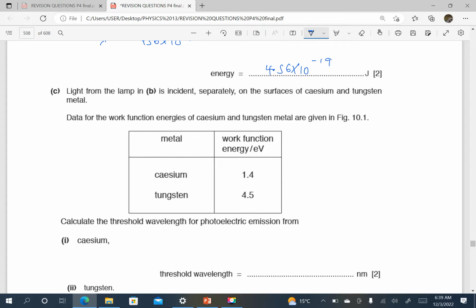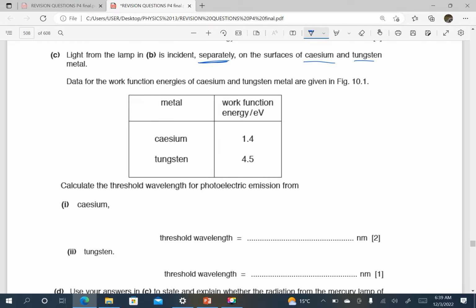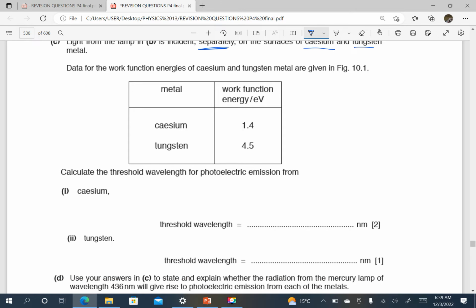Light from the lamp is incident separately on the surface of cesium and tungsten. Data for the work function energies of cesium and tungsten are given in this table. So we see cesium, we see tungsten. Calculate the threshold wavelength for photoelectric emission from cesium.